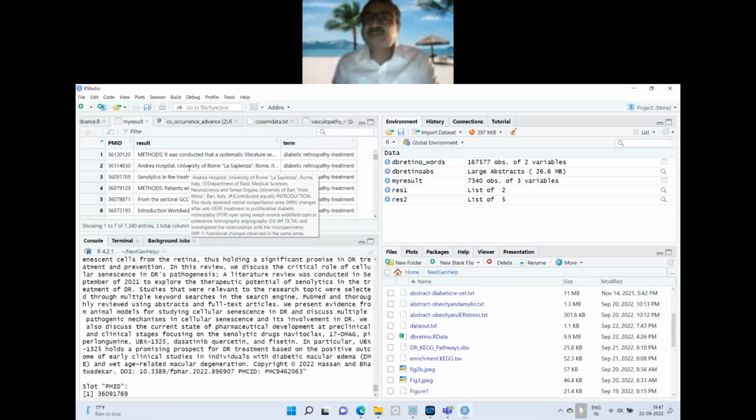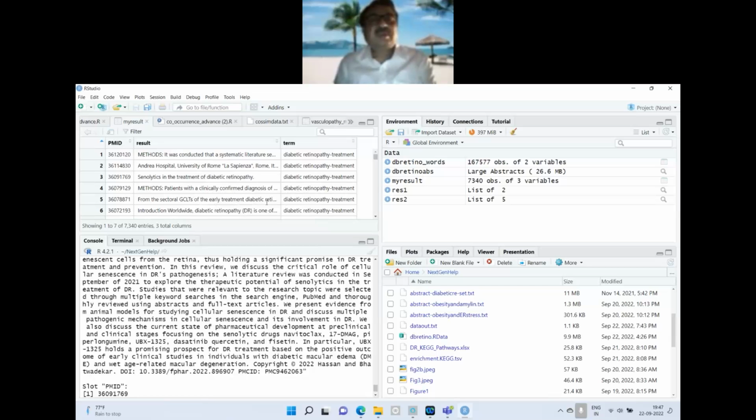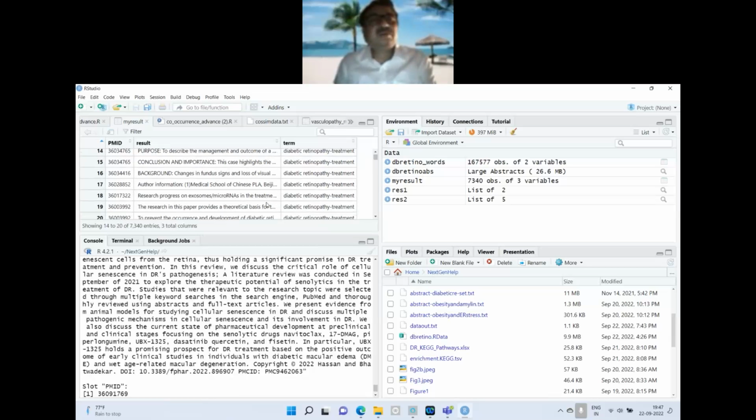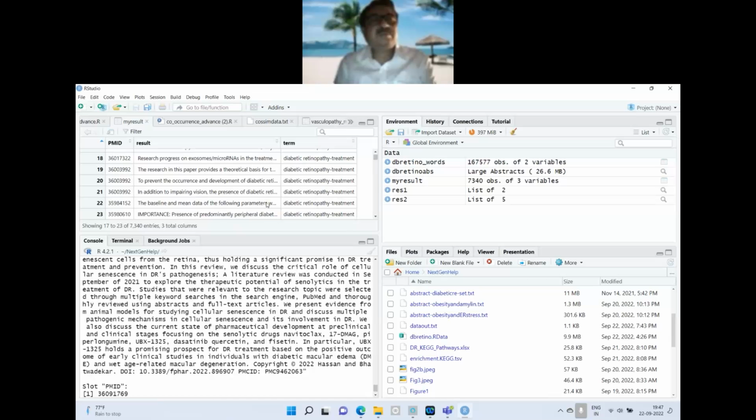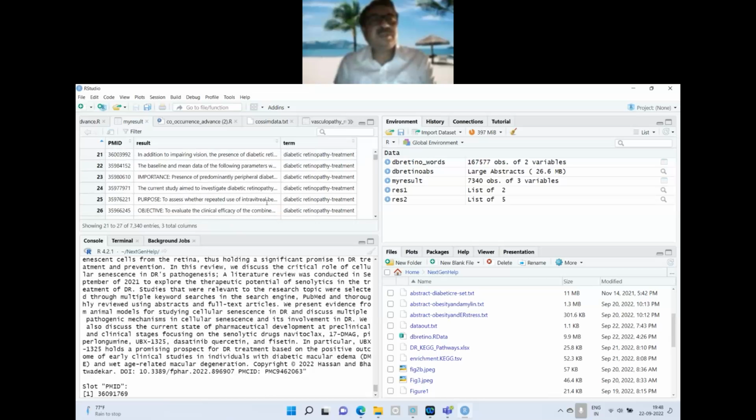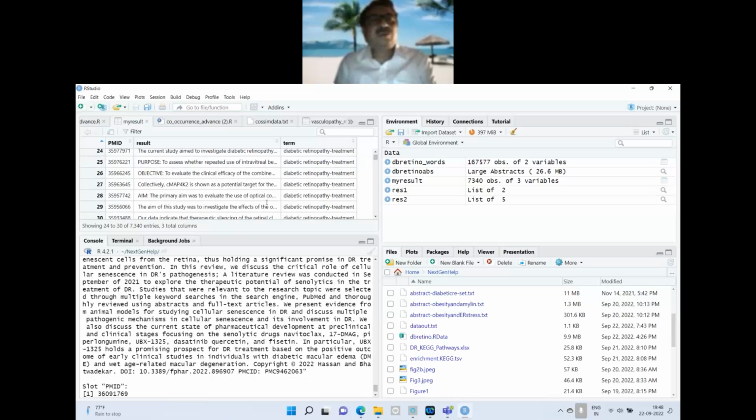This is the beauty of text mining using a computer and algorithms. We can scroll down and keep going to know what all is happening in the treatment.